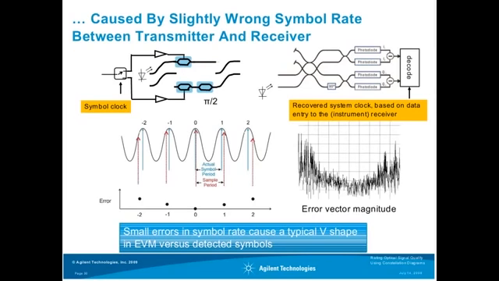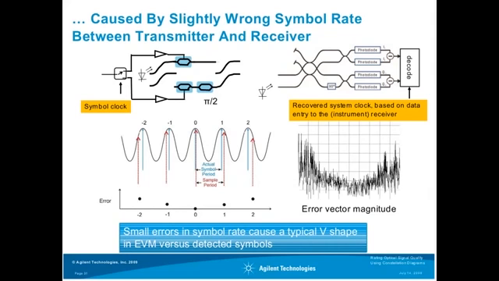And what is the reason for this problem? This very pronounced V shape is caused by a slightly wrong symbol rate between the transmitter and the receiver. You see here the symbol clock producing the two data streams, and in the receiver you need to input the used symbol clock either to the instrument or to your real receiver itself.